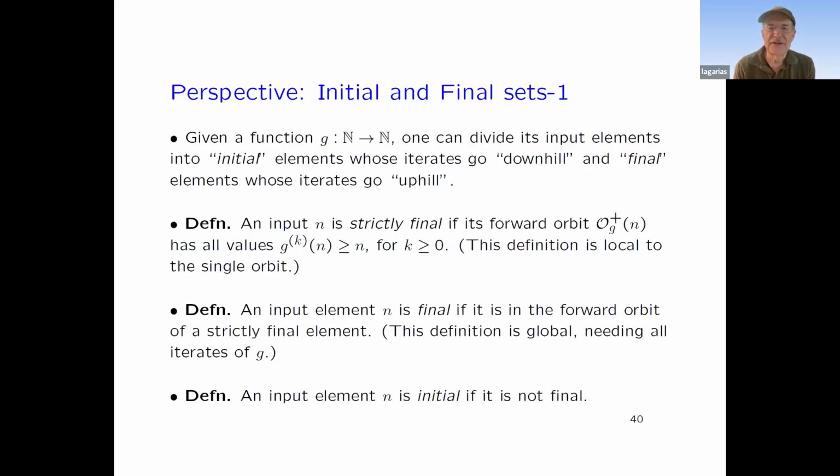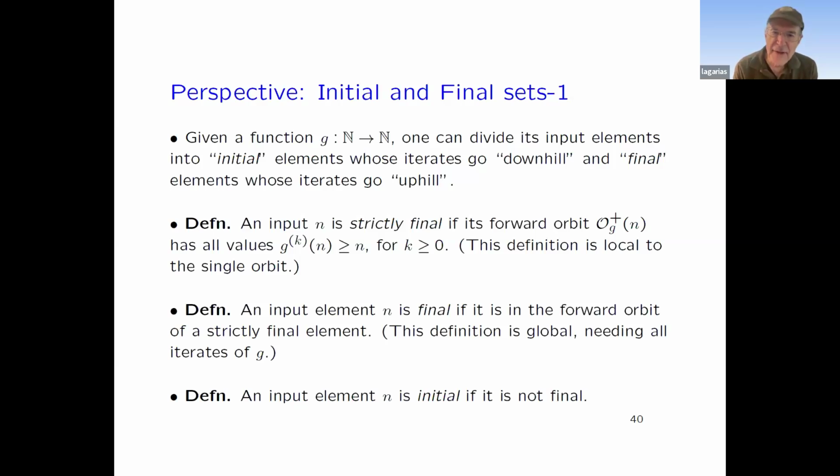So the first definition is an input is strictly final if its forward orbit is uphill, meaning all of its iterates of n are bigger than or equal to n out to infinity. And this definition has to do only with the single forward orbit. Okay, you start in your orbit, you go down until eventually you hit the minimum value on the orbit, and then everything after that will be a final element.